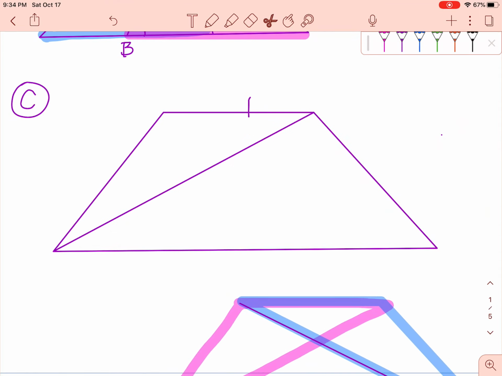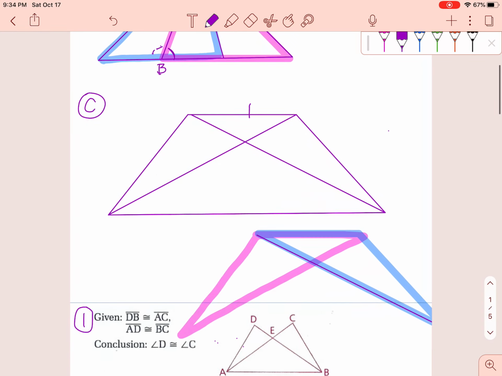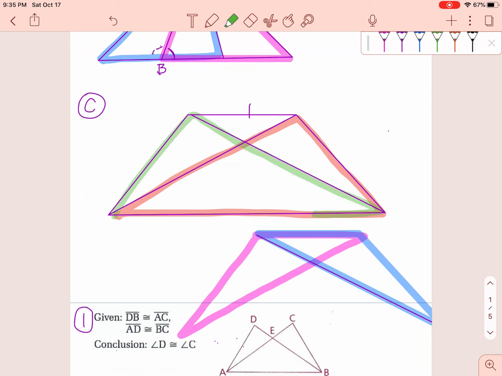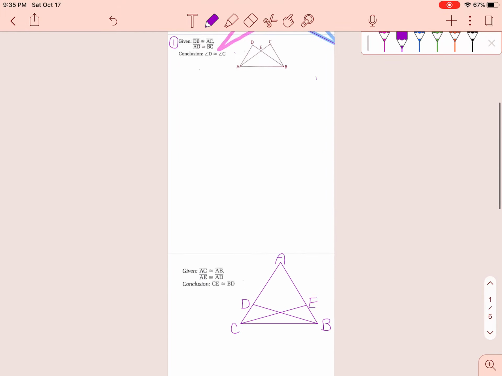We also have these bigger triangles towards the bottom. So keep in mind, again, these still have a reflexive side. So as you pull these apart, you can use that reflexive side. Okay, so that's the gist of overlapping triangles.